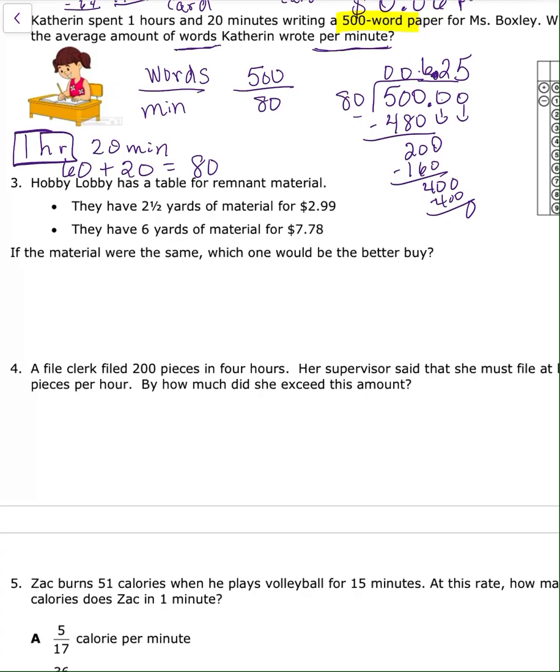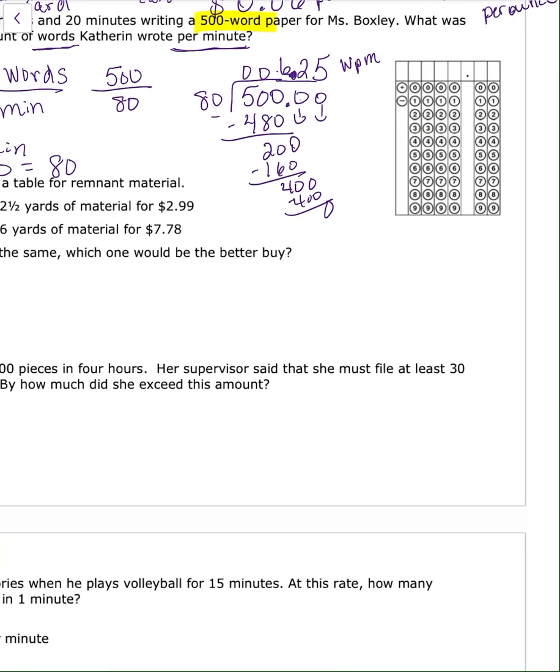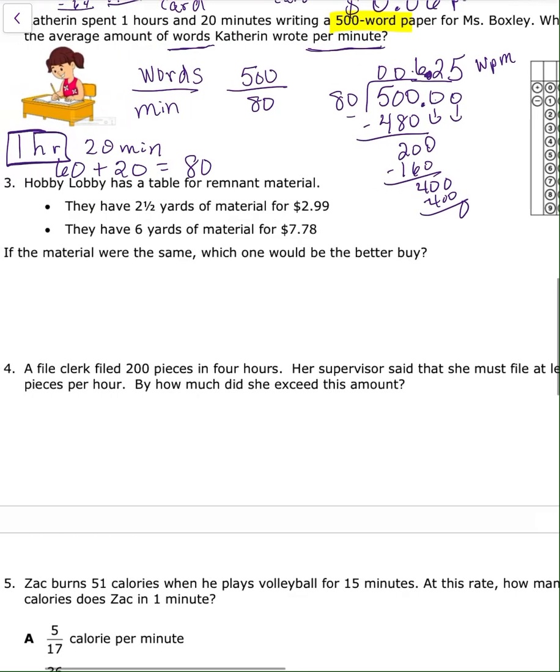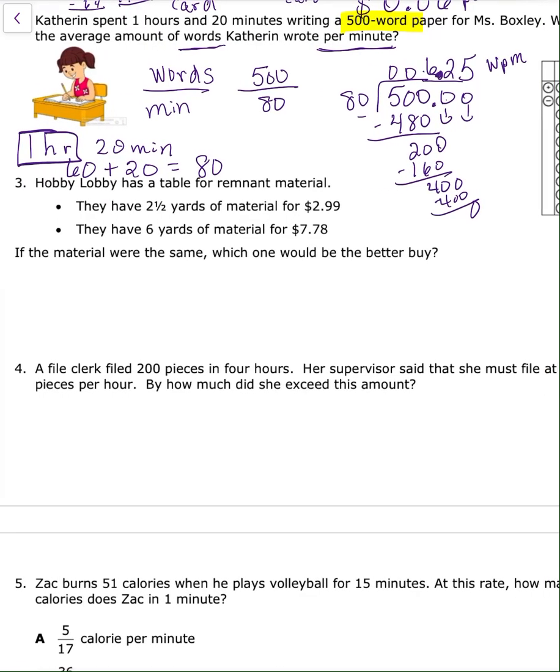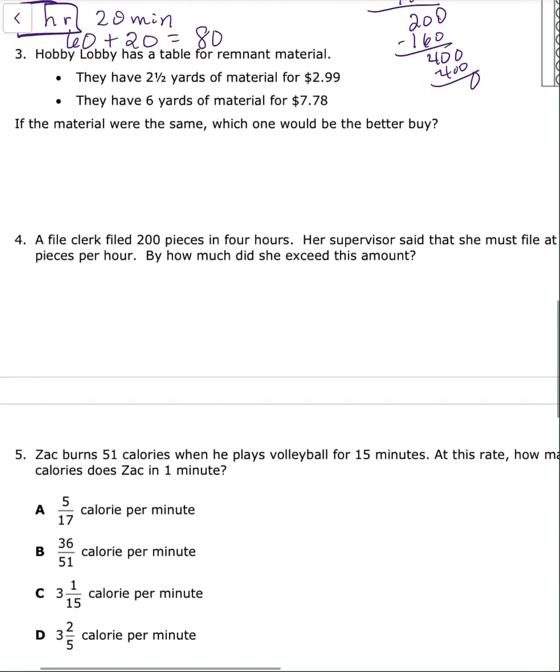So she types 6 and 25 hundredths words per minute. All right, so go ahead and grid that. This one's actually pretty easy because it fits perfectly in there. So 6 and 25 hundredths. All right, so read number 3, give it a try, and then check your work.